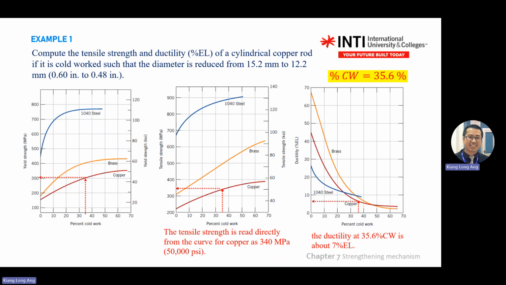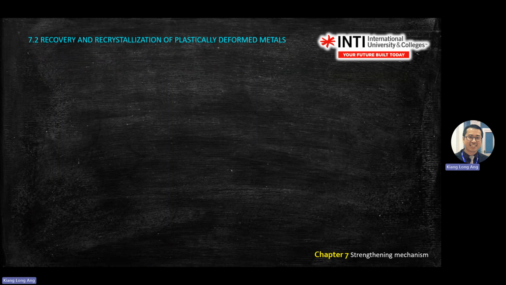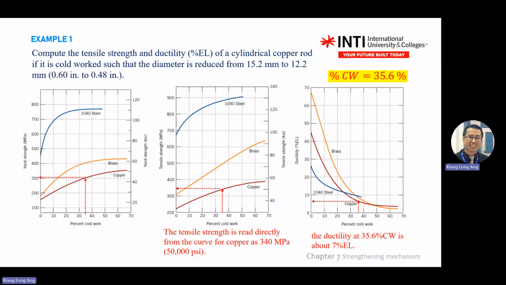What is the percentage of cold work that you need to do in your operation? Here you reverse, you do the same. I think I have an example question in this chapter, but later. So this one, we are already done with the graph.